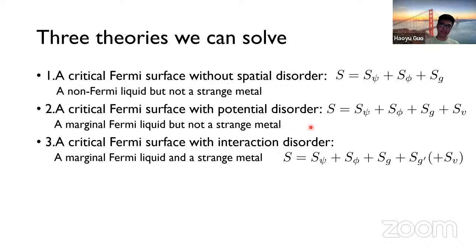This leads us to our final proposal, which was also talked about by Aavishkar earlier, that we need to introduce an interaction disorder: the Yukawa coupling g' should be random, should have some random component in space. For this kind of theory, it is both a marginal Fermi liquid and also a strange metal.